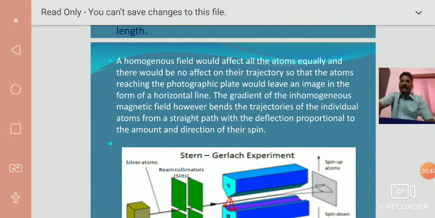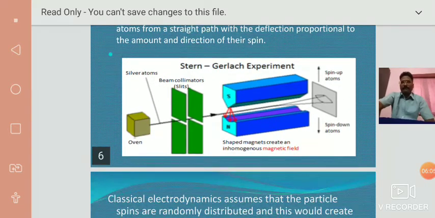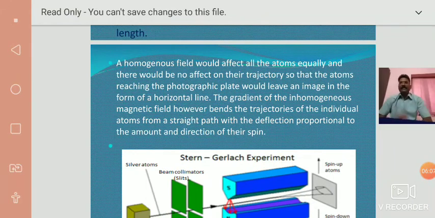The gradient of the inhomogeneous magnetic field, however, bends the trajectory of the individual atoms from a straight path, with the deflection proportional to the amount and direction of their spin. Therefore, in an inhomogeneous magnetic field, this is the reason for the splitting of the single strip into a double strip.